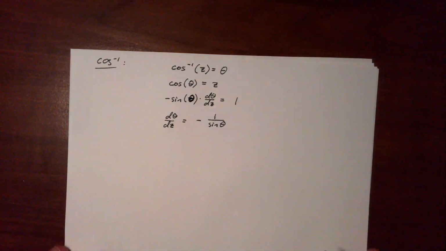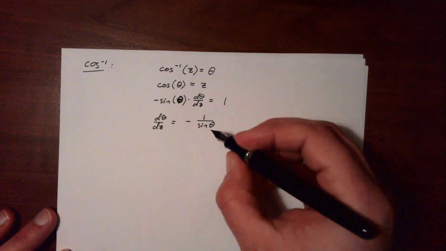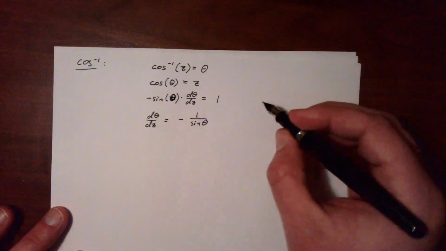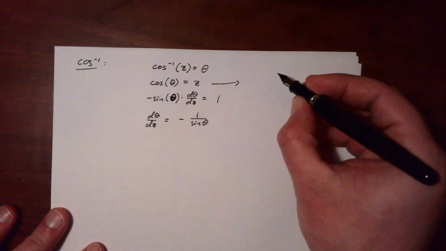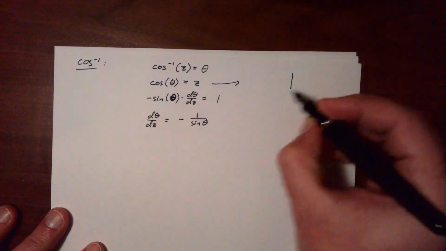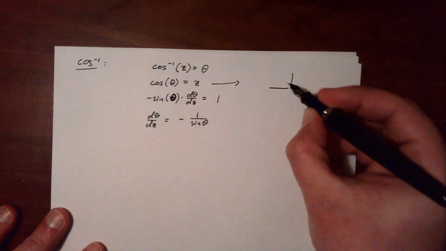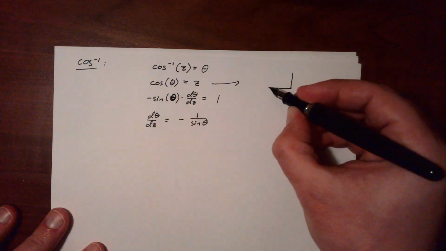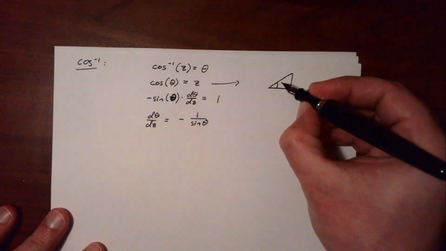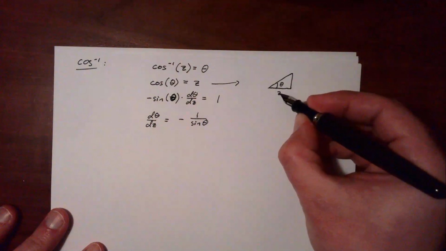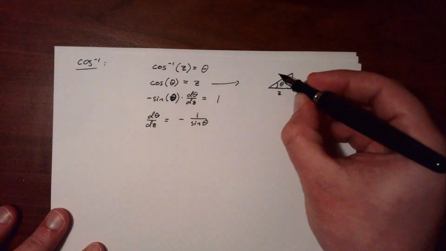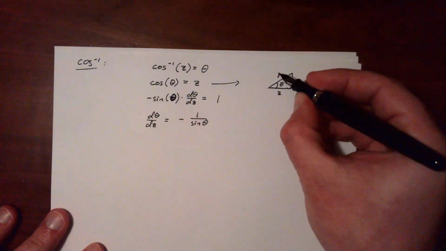And now I just need to set up a triangle to help me figure out what this is in terms of actually the real variable here, which is z. So here from this setup, what we can do is we just need to set up a triangle whose cosine, the cosine of this angle is z. Now what's cosine? It is the adjacent over hypotenuse, so a good example of this would be z and 1.